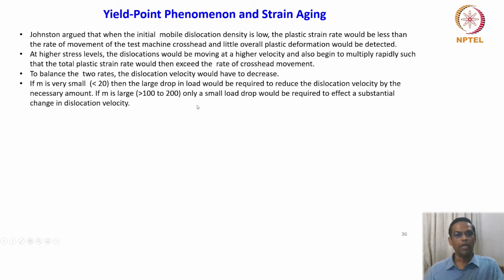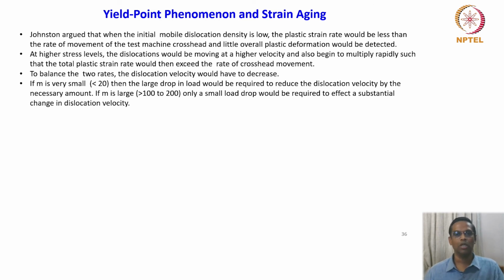Okay. So depending upon the initial mobile dislocation density and the stress sensitivity, this can be explained. That is what these researchers have demonstrated. That means for a small m value, a large load drop will be there in the material. These studies have been reported already. You can look at the references I have given for further details.